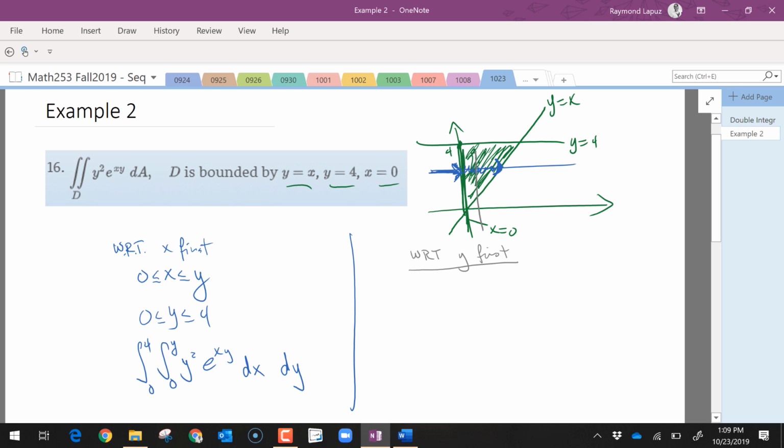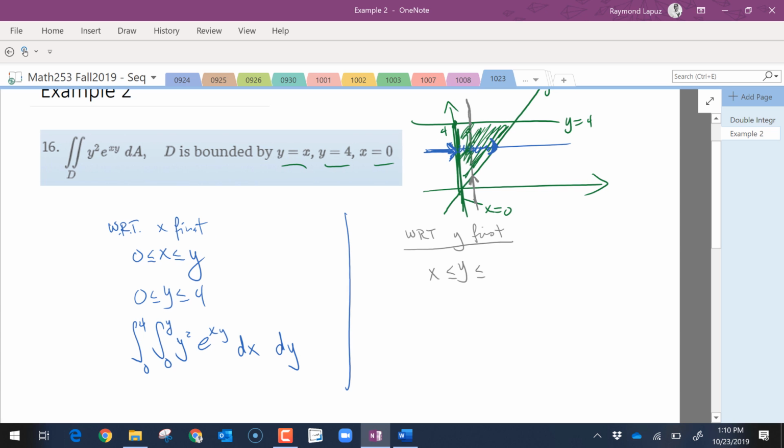So let's just draw this line going through the region, and as I go from negative to positive, I will enter the region at the function y is equal to what? y is equal to x. I'll be inside of the region, and then I will get out of the region at y is equal to what? Constant 4, right?